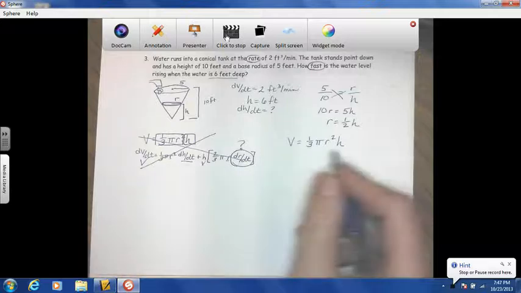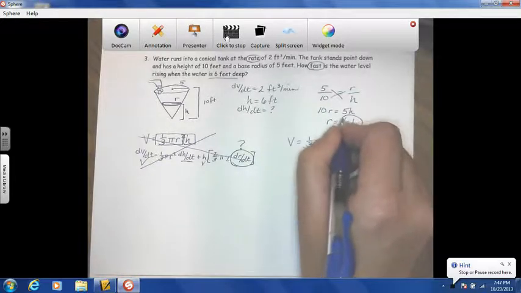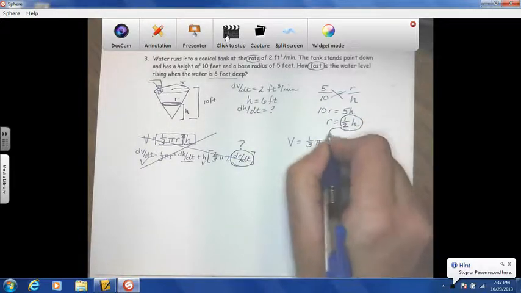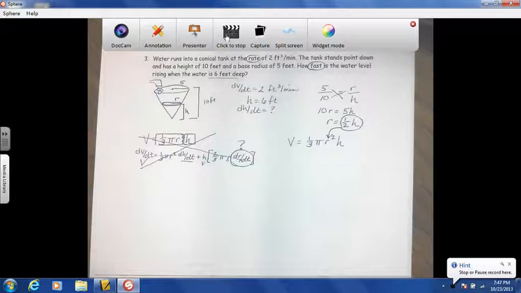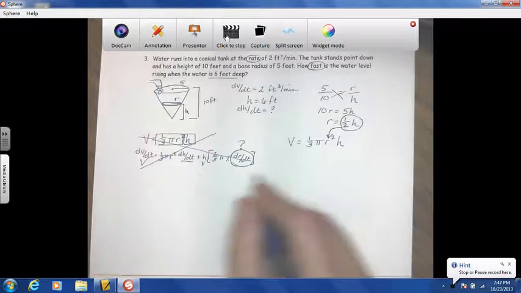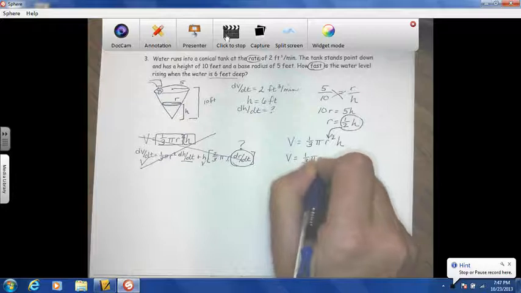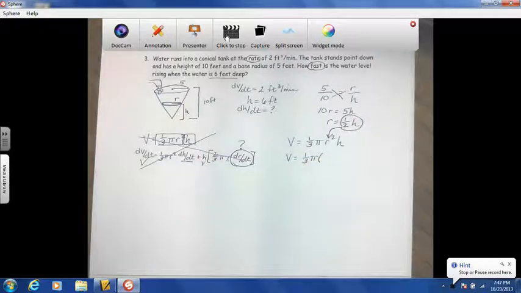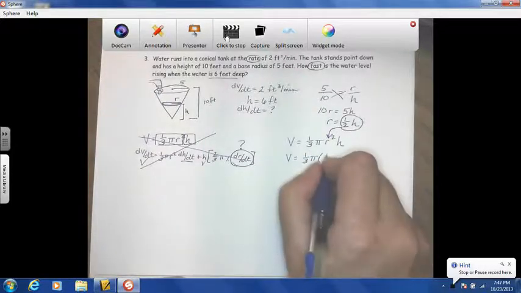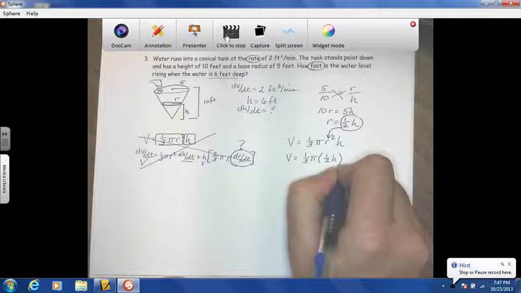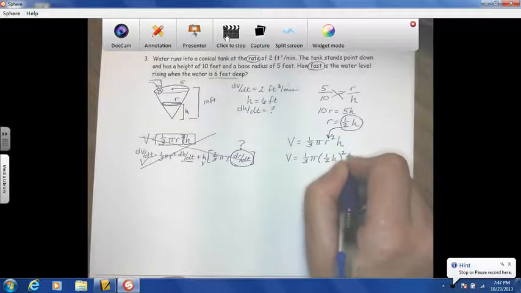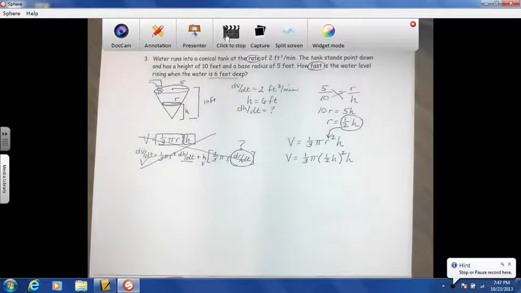So now what I can do is take that 1/2 h and substitute that into my volume formula. So now we can say the volume is 1/3 pi, and now I'm going to replace the variable r with 1/2 h, don't forget to square it, and then times h. Now let's clean this up before we take the derivative.